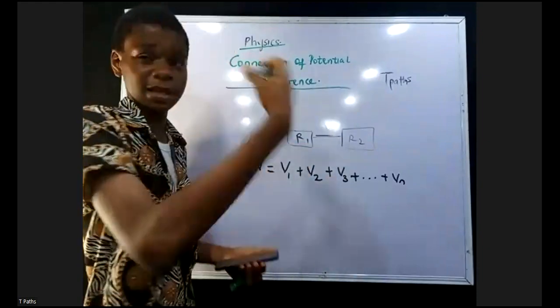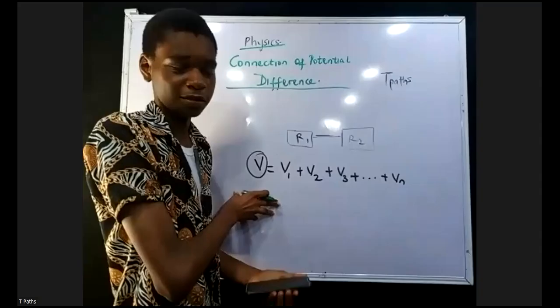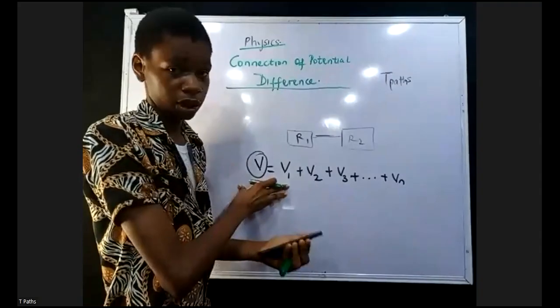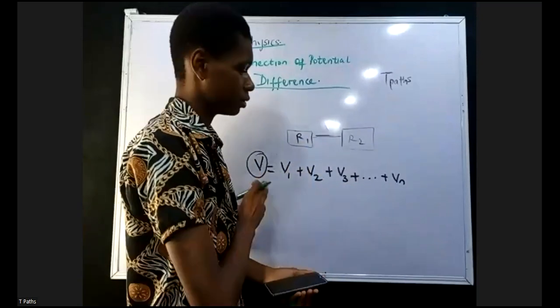So if I have 7 resistors connected in a circuit, I add up their individual potential differences to get the net potential difference, which is my capital letter V. So for resistors connected in series, I add them up together.